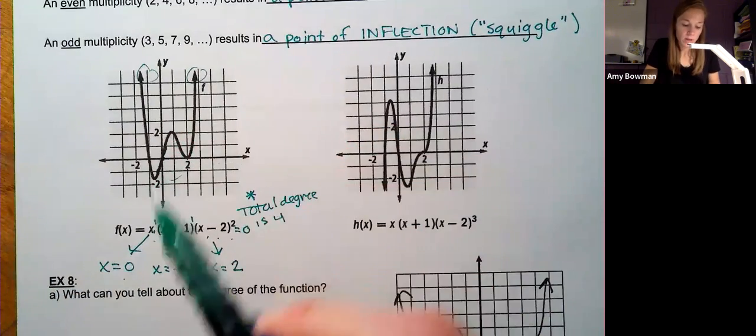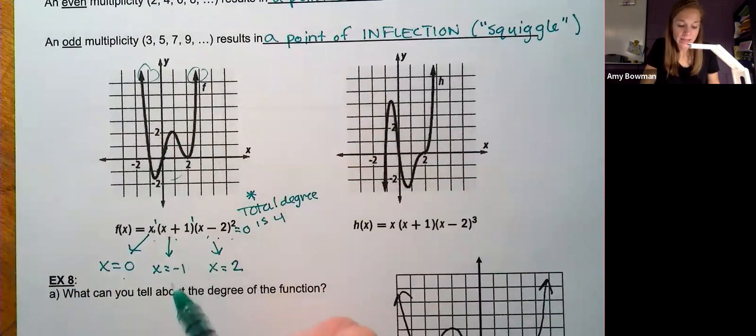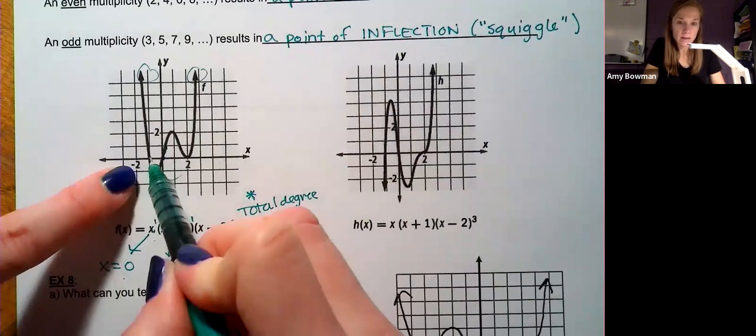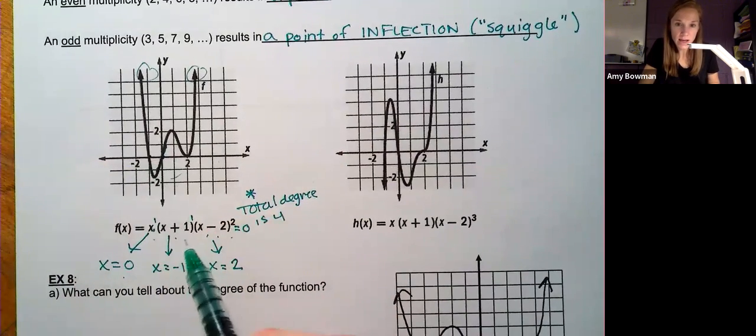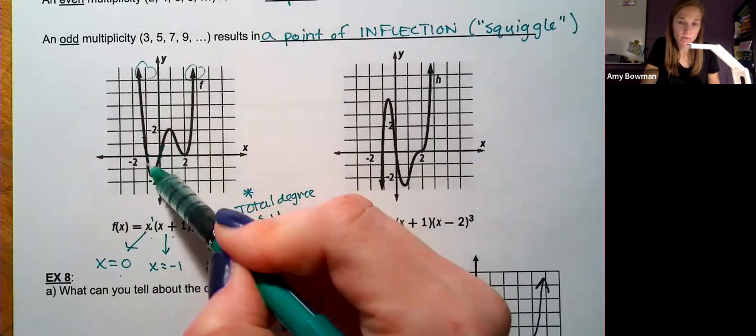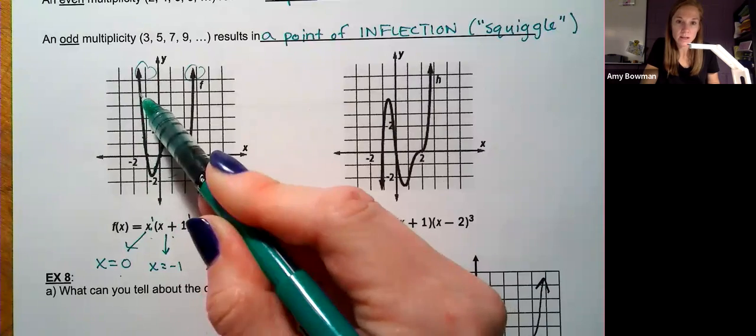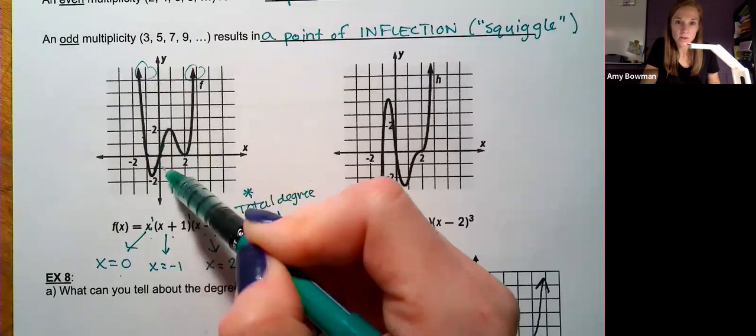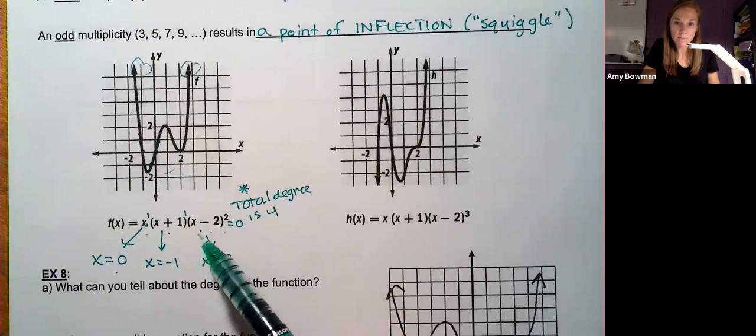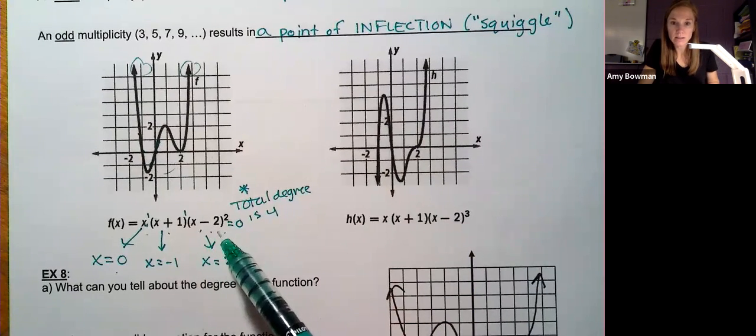Then look at x plus 1. So at the 0 of negative 1, because we have that factor with multiplicity 1, again, it's going to cut straight through the graph. So it's not bouncing, it's not squiggling, it's just cutting straight through. And then we look at the factor x minus 2, which has multiplicity 2 at the 0 of 2.